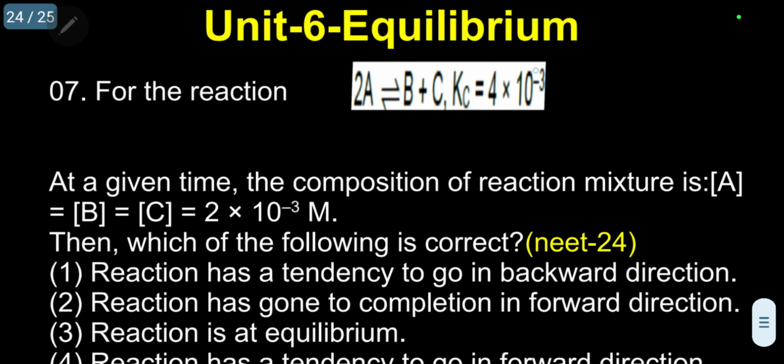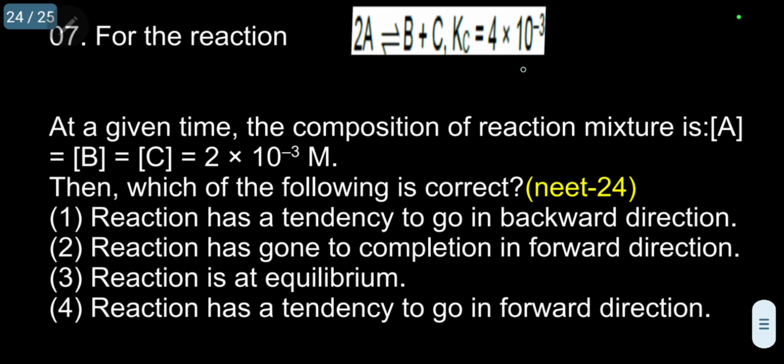Now, at a given time, the composition of the reaction mixture is A equal to B equal to C, all equal to 2 into 10 to the power of minus 3 M. So they have given the equation and the values. The only thing is they are asking for theoretical information. Which of the following is correct? NEET 24.